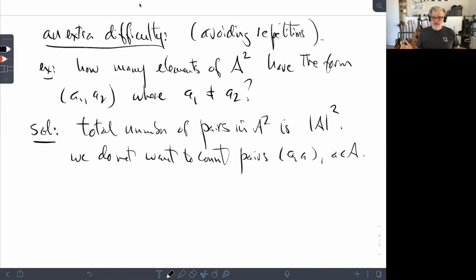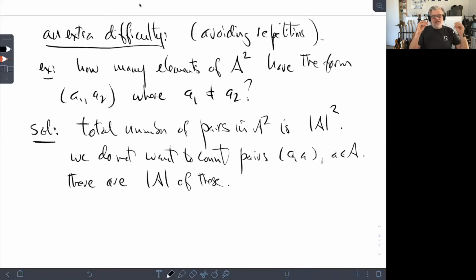How many are there of these pairs with the same coordinate? Hopefully you see this. There is exactly one for each element of A. So there are cardinality of A of these, right? So here is the first trick: I'm trying to count something with a certain restriction.